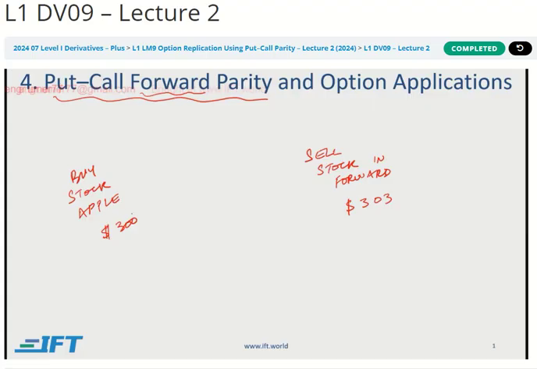Now, have we taken any risk over here? The answer is no, because the moment we bought this stock, we immediately sold it in the forward market for 303, and we booked this profit of $3.